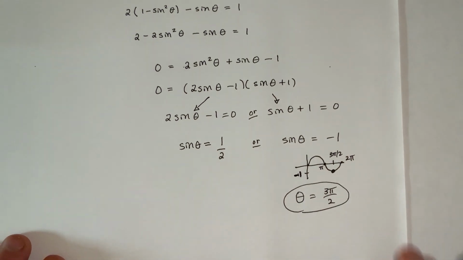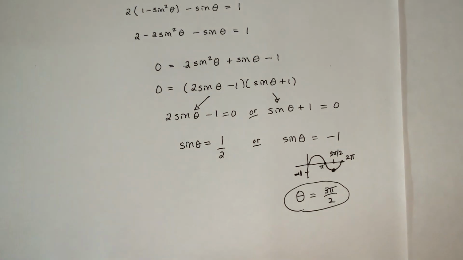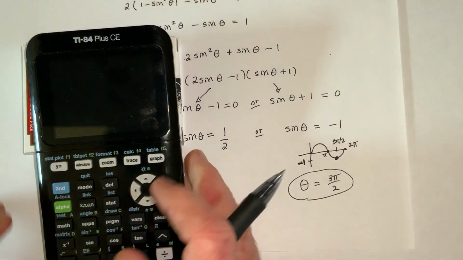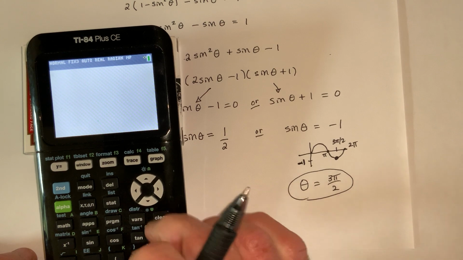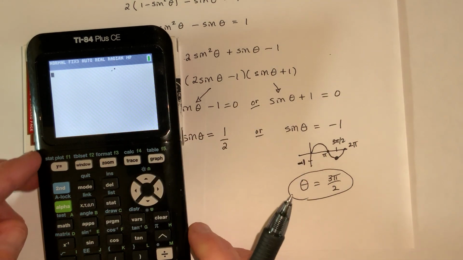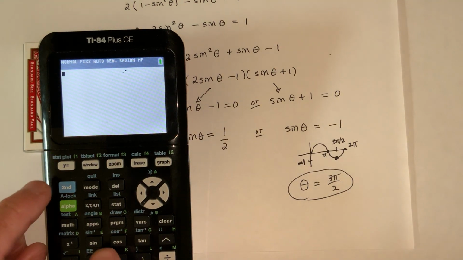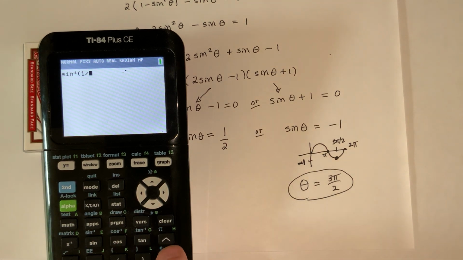Then what about this one? When does sine equal a half? So perhaps you have the unit circle memorized. I don't. So I can use the calculator. Make sure that it's in radians, and then take sine inverse of a half.